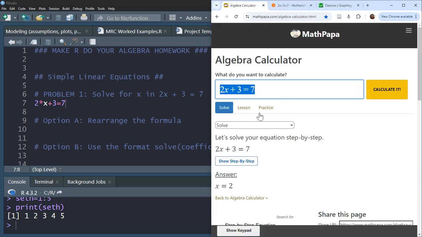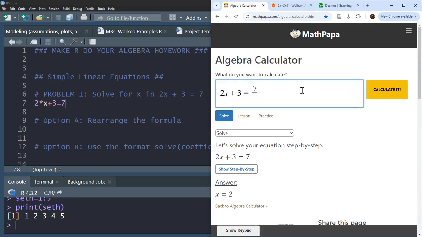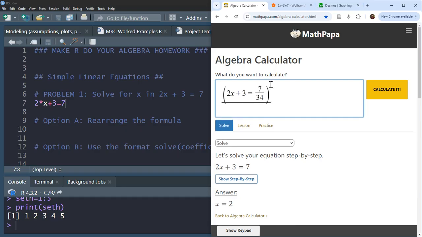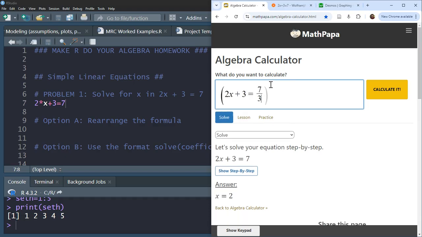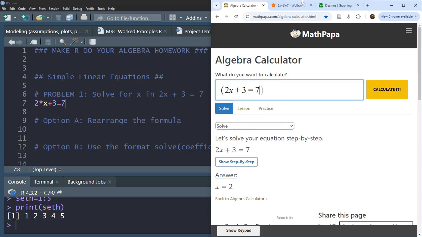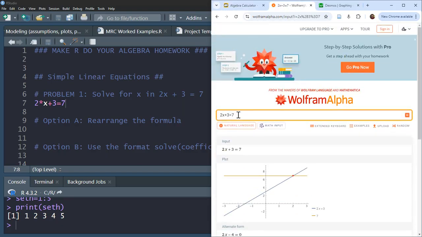But what I like about MathPapa is it displays fractions in a way that I really like, the way I would write them if I were writing them on a sheet of paper. So I really do like MathPapa for certain kinds of things, even if WolframAlpha is more powerful, that same thing would have to be represented in this less intuitive way.